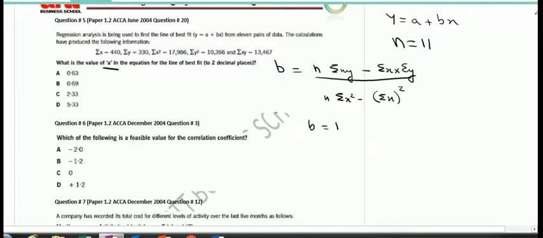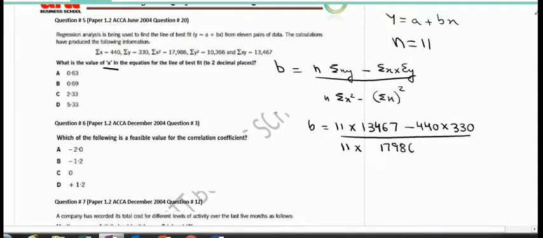So my B will be 11 into summation of xy, which is 13467, minus summation of x, which is 440, into summation of y, which is 330, divided by 11 into summation of x square, which is 17986, minus summation of x whole square, which is 440 whole square. If you solve it, your B will come out to be 0.6917.